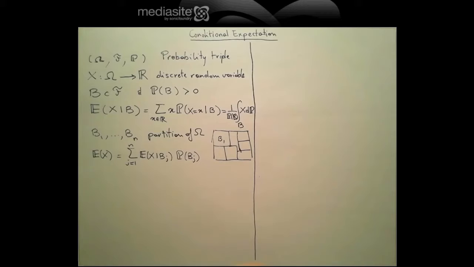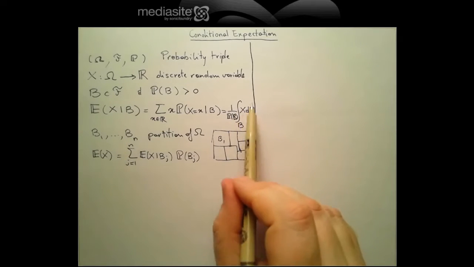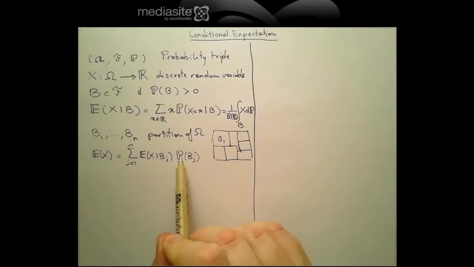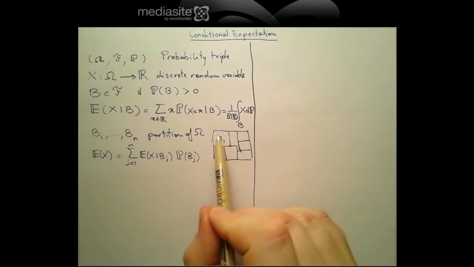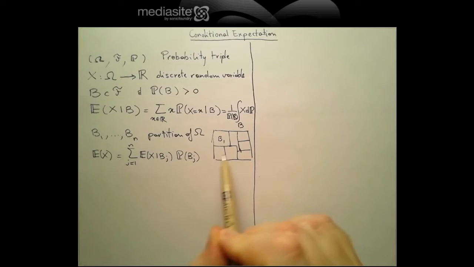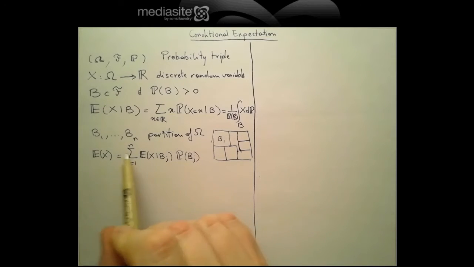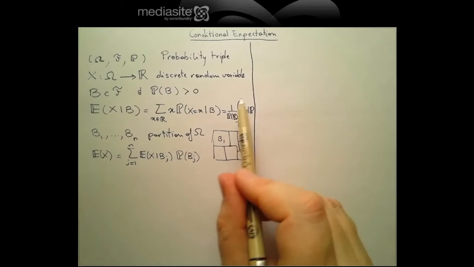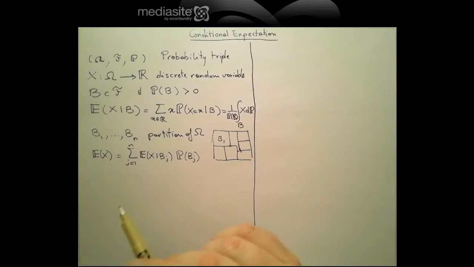Okay, in terms of this definition, it's clear that when you multiply by the probability of Bj, you get the integral over Bj, and so you're integrating over each one of them, and when you sum them, you get the total integral. So using this, it becomes evident that this formula holds.